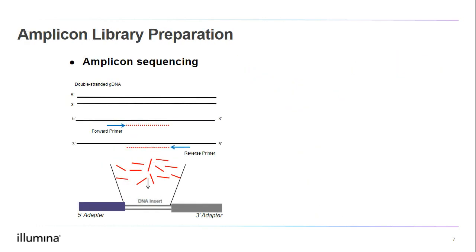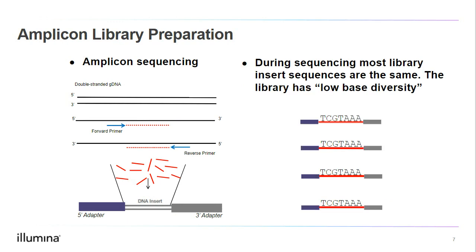Let's contrast this with an amplicon library prep. In this method, we start with genomic DNA and selectively amplify a single region and then add adapters. This results in a library where the inserts are largely the same sequence, creating a very low base diversity library. You can see at a given position, only a single base may be represented.